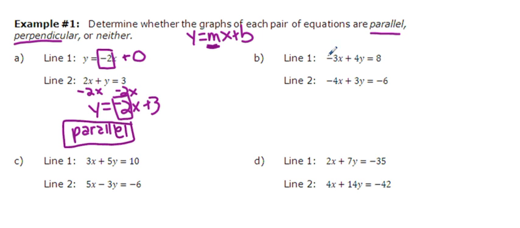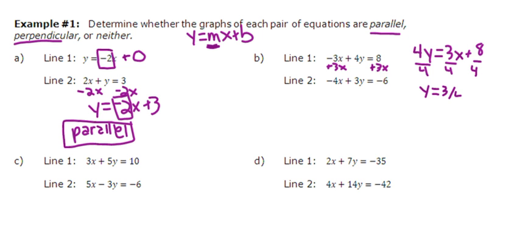So if I look over here for B, neither of these are in slope-intercept form. So line 1, I'd have to add 3x. So I have 4y equals 3x plus 8. Then I have to divide by 4 to get the y alone. So I have y equals 3/4 x plus 2.